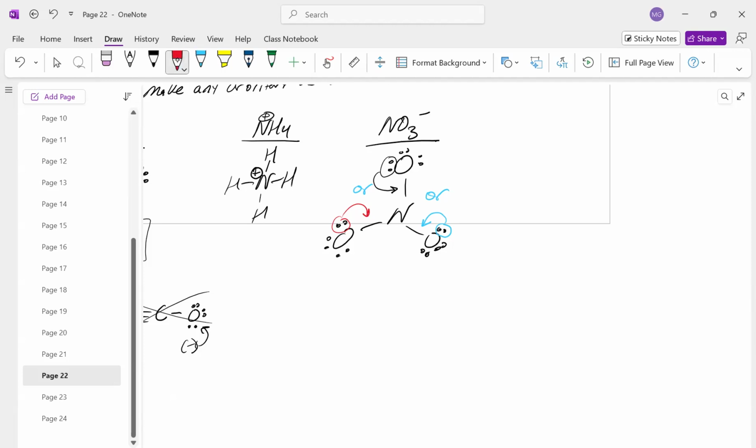So we're going to draw all 3 resonance structures where we moved a lone pair from a different oxygen. That means we'll have one resonance form where this oxygen has a double bond.